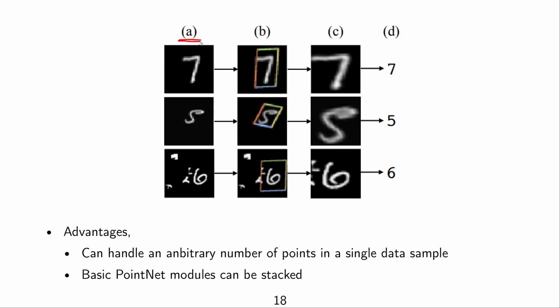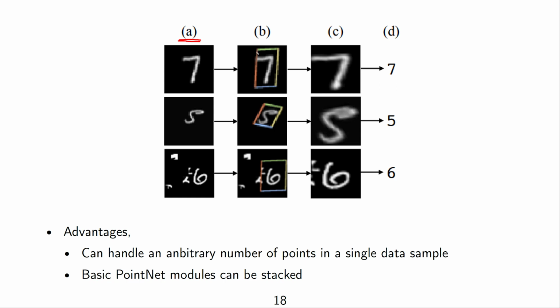In column A, we see the input to a 2D spatial transformer, and this 2D spatial transformer tries to find a region it wants to focus on, and then it performs a transformation so that it tries to align the number that it finds with a canonical coordinate system so that the number is pointing kind of upwards nicely.